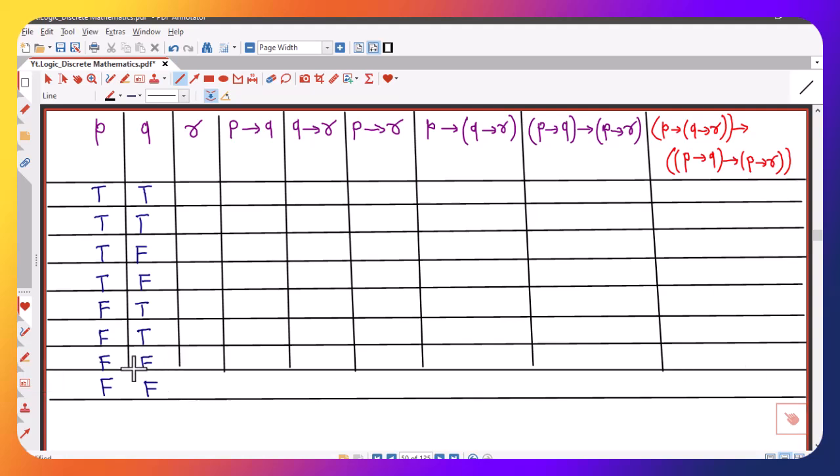And let me extend this, so we can prepare this type of table so that we can have a nice look for the possible truth values.